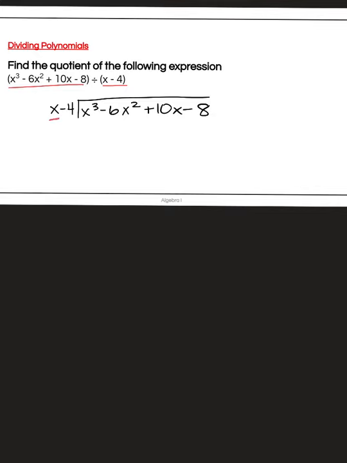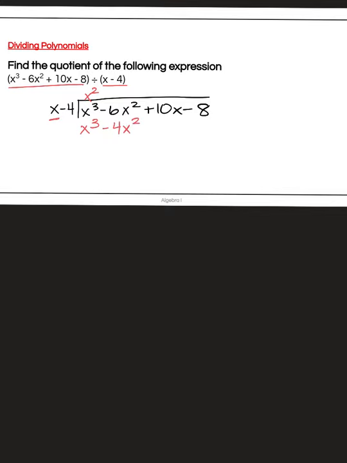Now ask yourself, x times what is going to get me x to the third power? Or x to the third divided by x, whichever you prefer. x times x squared gives x cubed. So x squared times x is x cubed, and x squared times negative 4 is minus 4x squared.